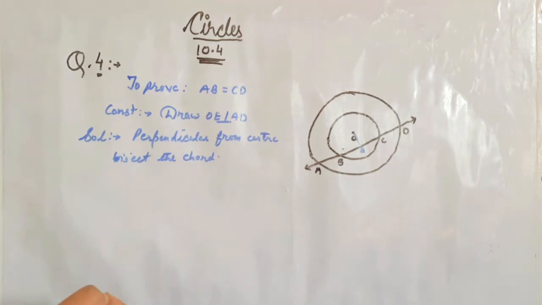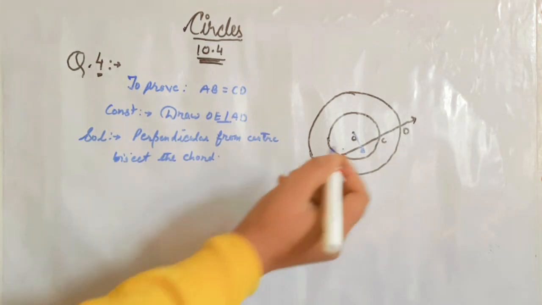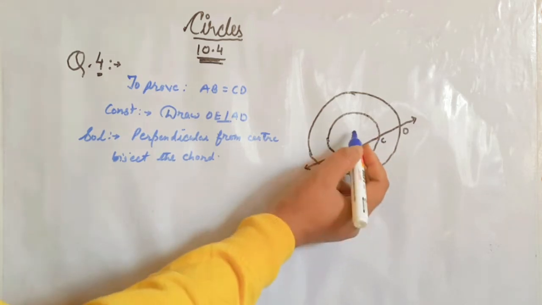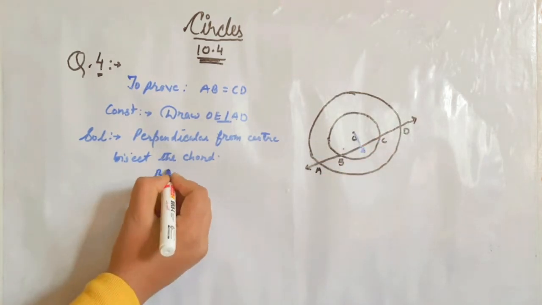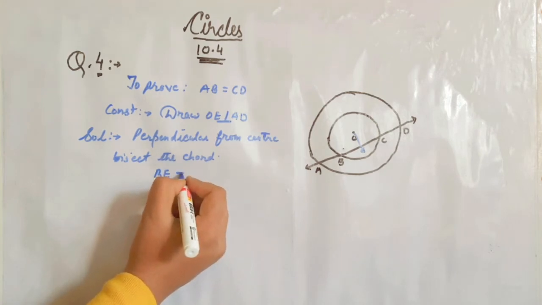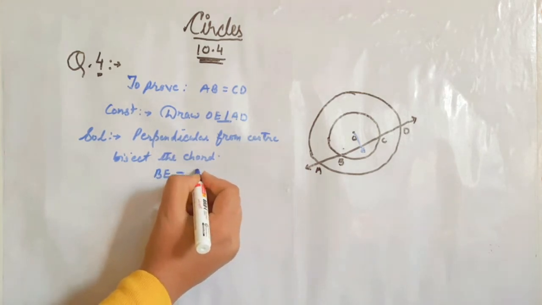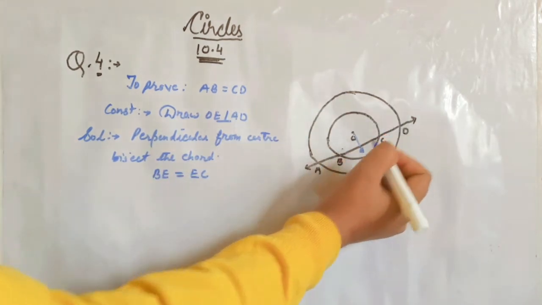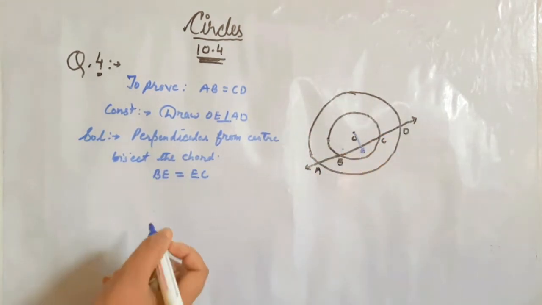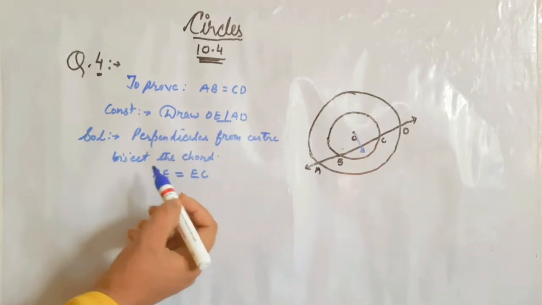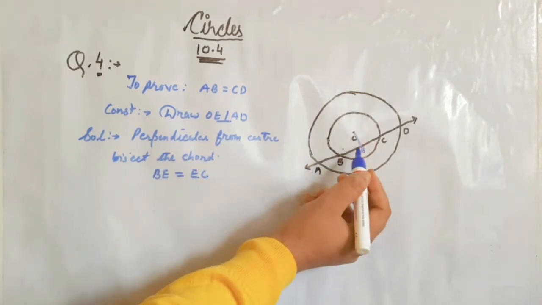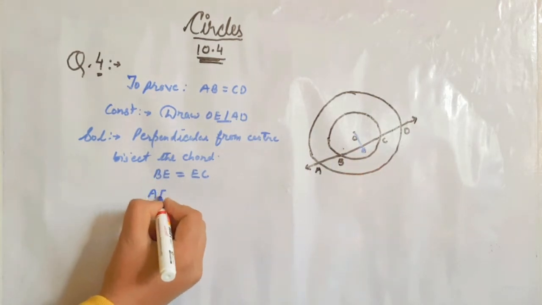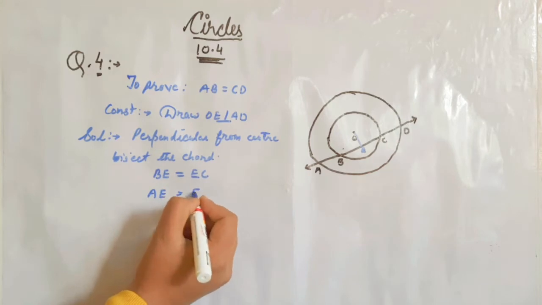If the perpendicular bisects the chord, means BC is the chord of the smaller circle, it is bisected by OE. Means BE is equal to EC. In the same way, AD is the chord and OE is the perpendicular, and if the perpendicular bisects the chord, then AE will be equal to ED.